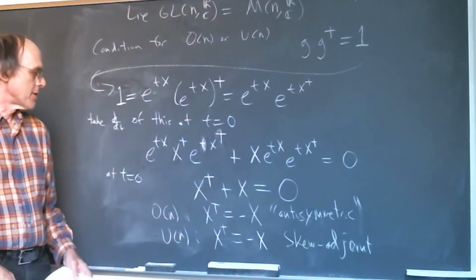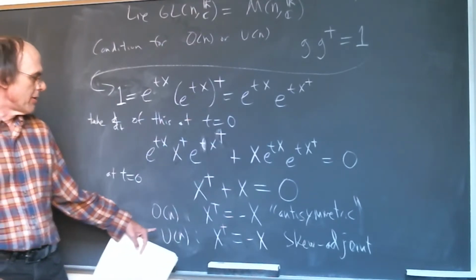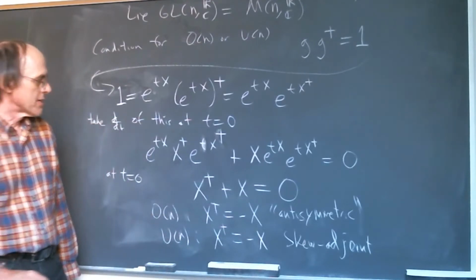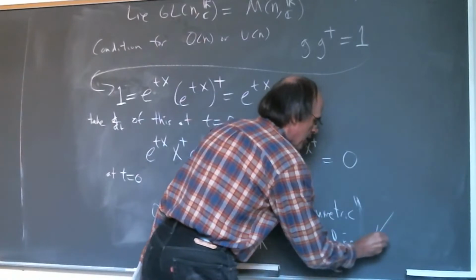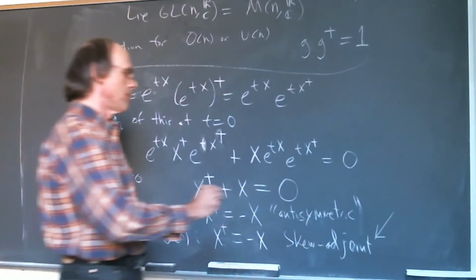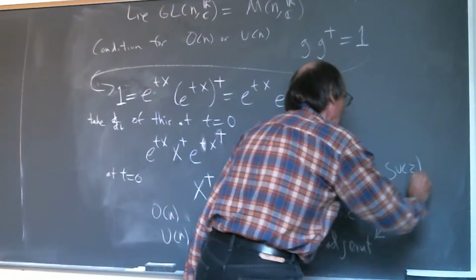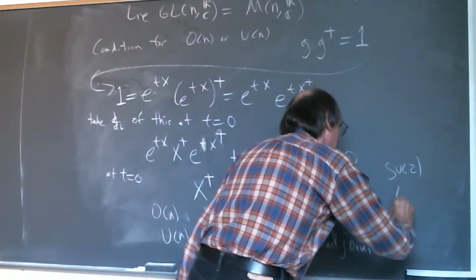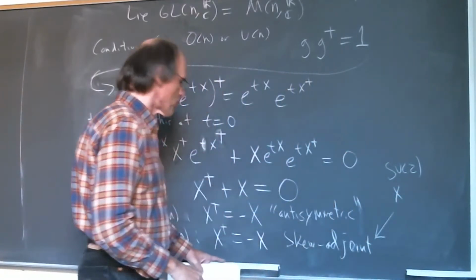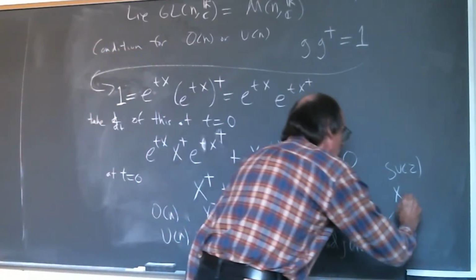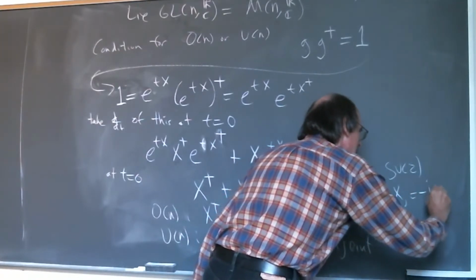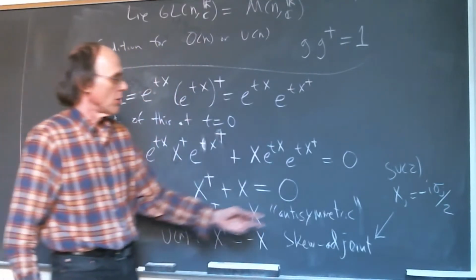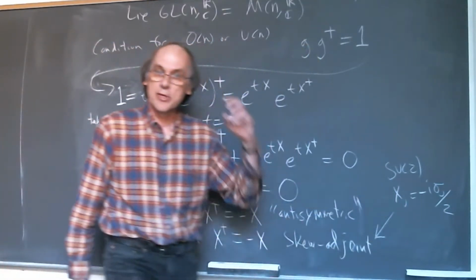I should say that you've already seen some examples of this. One example you saw was when we did SU(2). Remember, I defined X_j equal to minus i sigma_j over 2, and I showed that these satisfied some nice commutation relations.